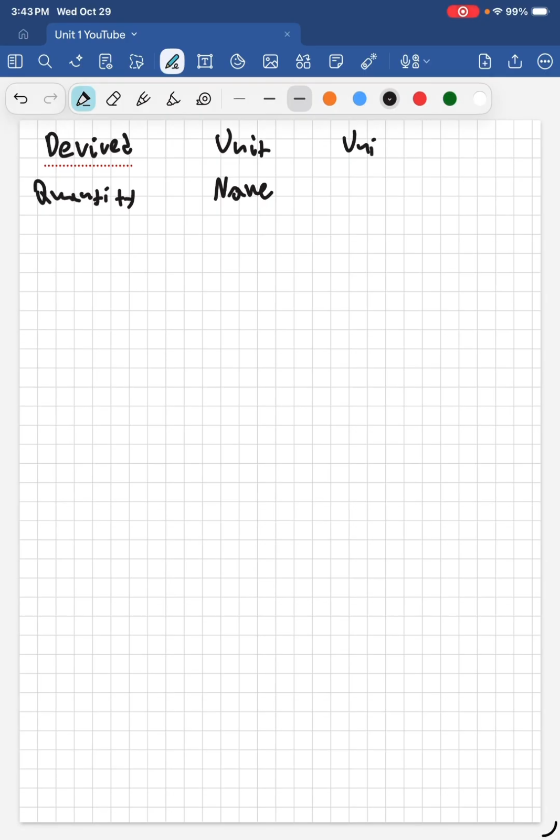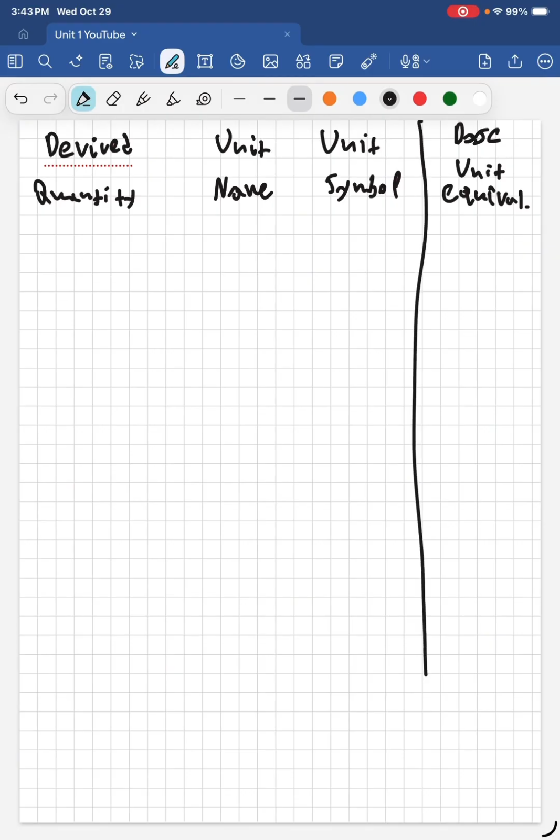Unit symbol will list the symbol, and base unit equivalent will list what the unit symbol corresponds to. You will see in a moment. So let's make this table.